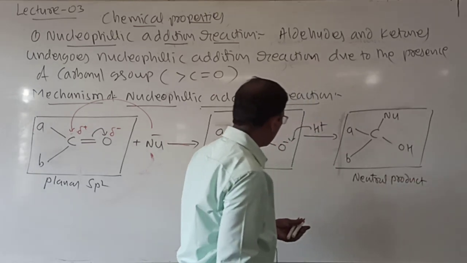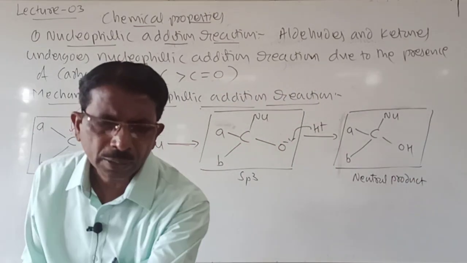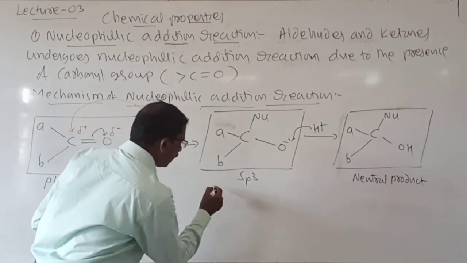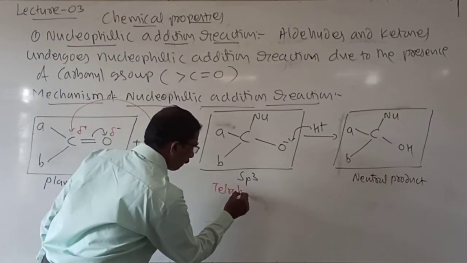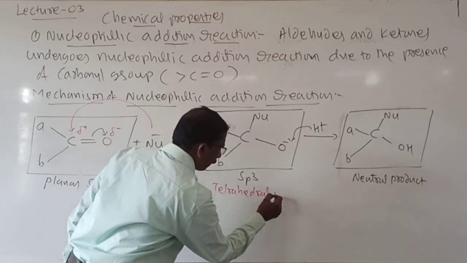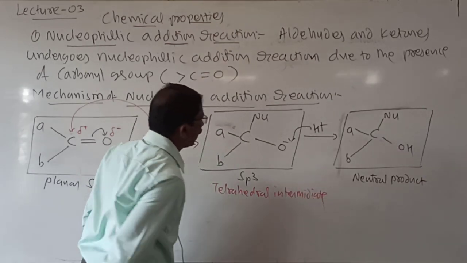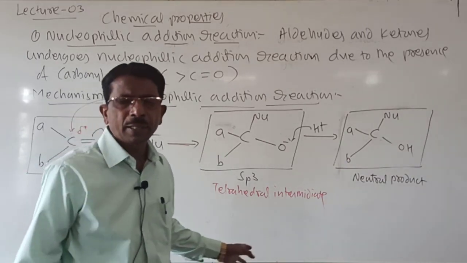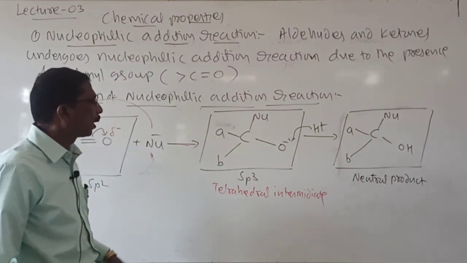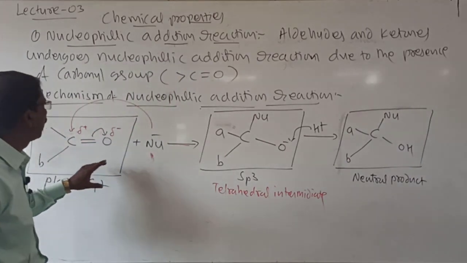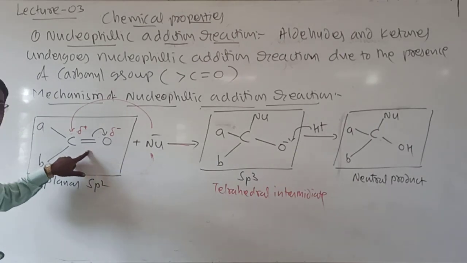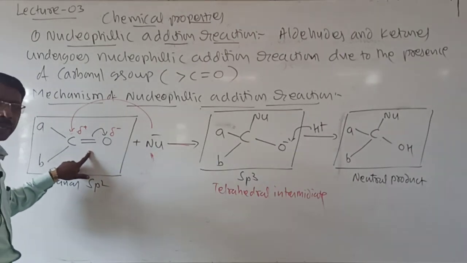The second one is the tetrahedral intermediate, which is also called an alkoxide. So here it is a planar sp2 hybridized aldehyde or ketone.